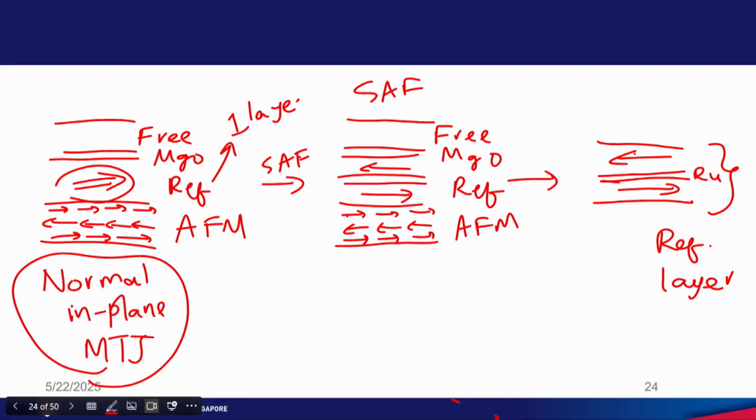If your free layer is anti-parallel to the top layer magnetization, you will have high resistance. So when you are talking about reading, let's say this is the magnesium oxide, this is the free layer. We are only talking about this layer.